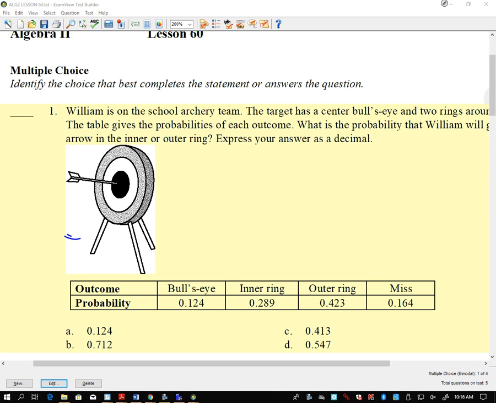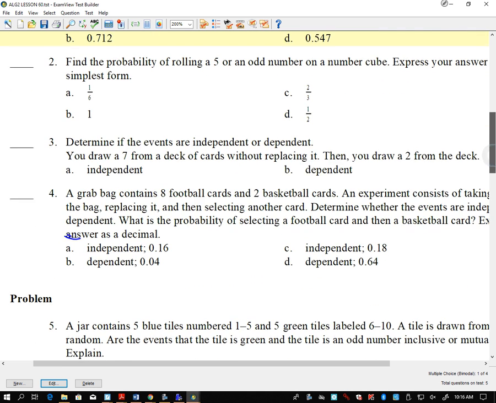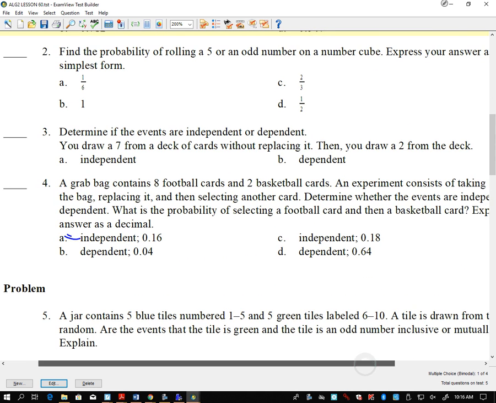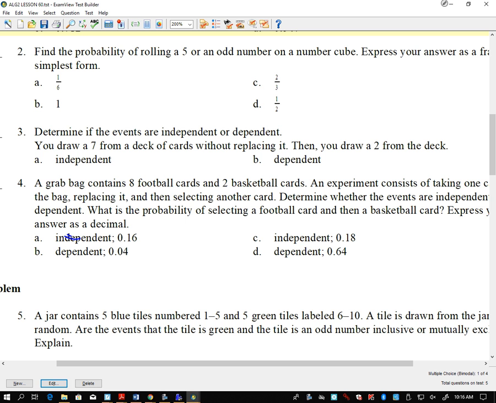Okay, let's come down a little bit further. Find the probability of rolling a 5 or an odd number on a number cube. Express your answer as a fraction in simplest form. All right, well, what's the probability of rolling a 5? 1/6.